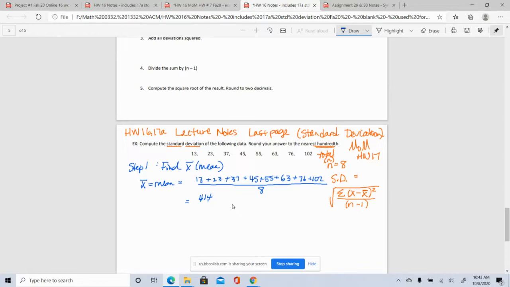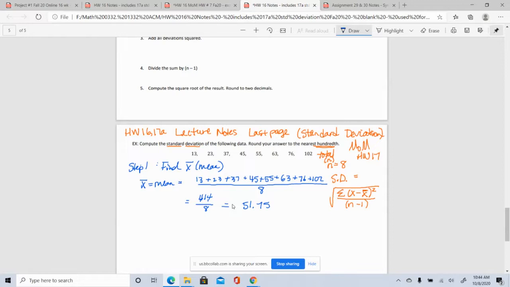I just keep writing down my totals until I got 2 the same, and I'm like, okay, that's got to be right. But if I wasn't sure, I'd go back and check again, check and recheck. So 414 divided by 8. Let me get my calculator because I don't know if that was rounded or not. It wasn't rounded. That's exactly 51.75.